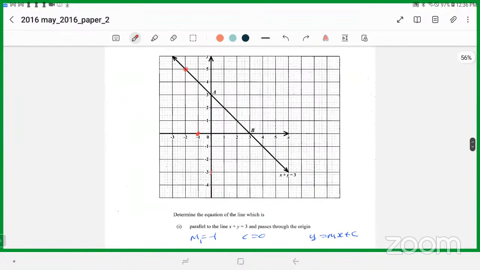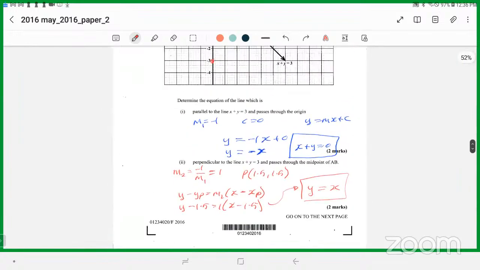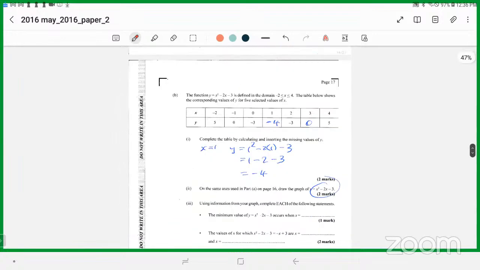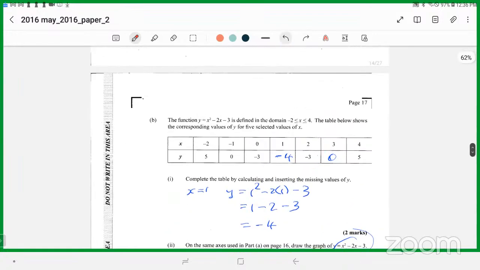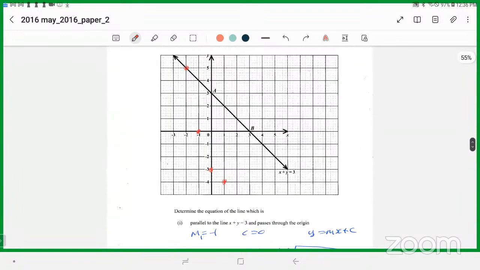That's here, the y-axis intercept. Then we have 1, negative 4 right here. Then we have 2, negative 3. 2, negative 3 will be here.